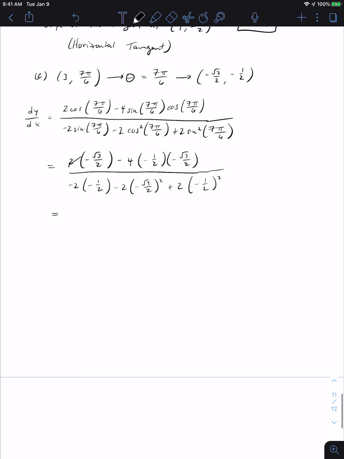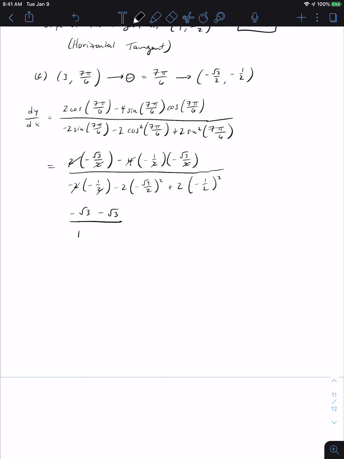So my numerator, I end up getting negative radical 3, minus radical 3. Those cancel out, 3 minuses make a negative. Over top of, here I get positive 1.